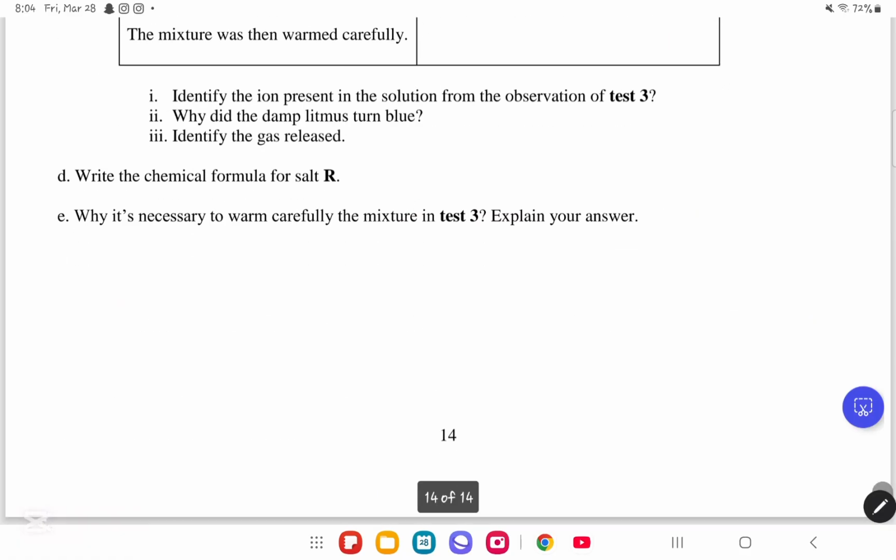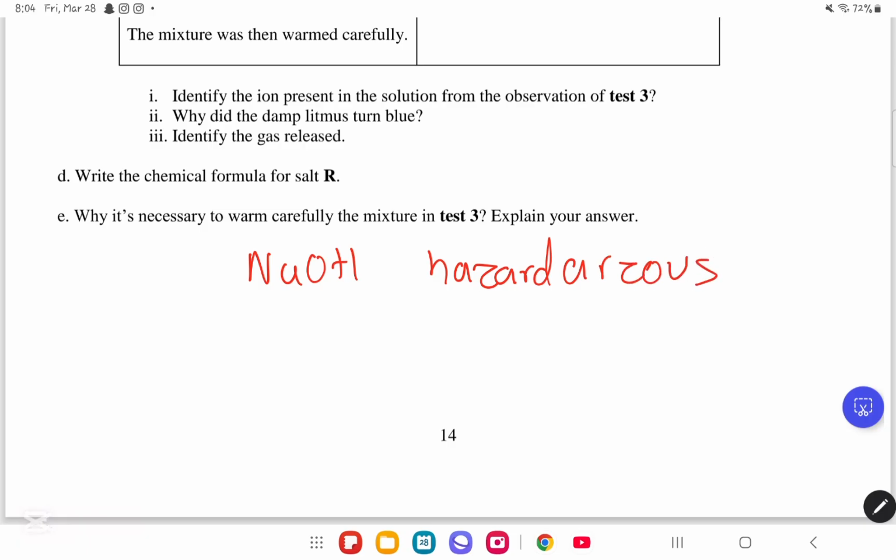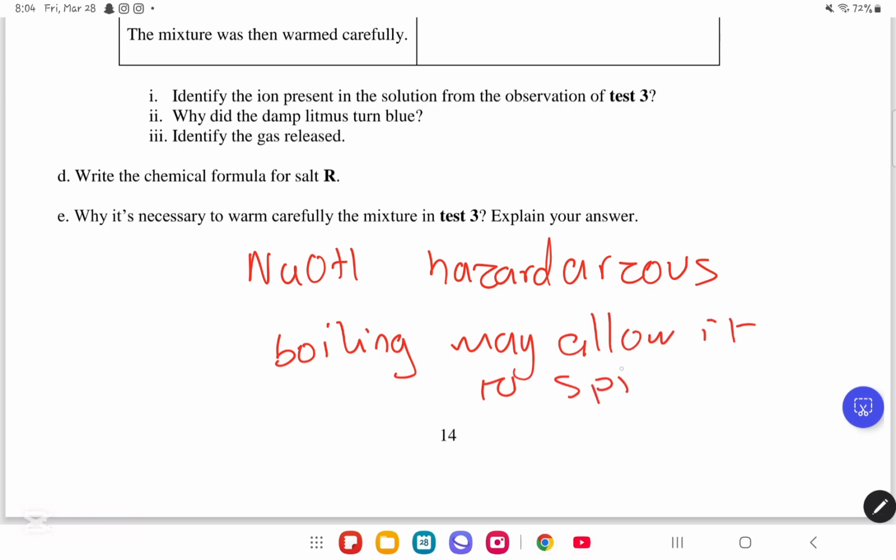Now for part E, why is it necessary to warm carefully the mixture in test 3? Explain your answer. Because first of all, NaOH is hazardous, very toxic. And the boiling may allow it to spit.